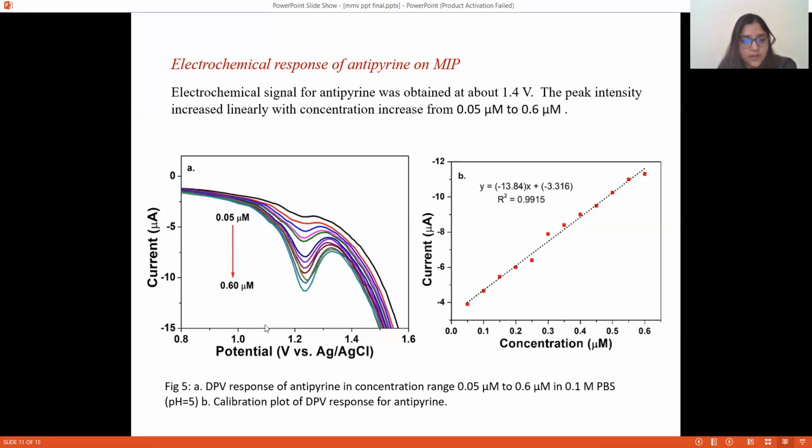This is the DPV response for antipyrine in concentrations ranging from 0.05 micromolar to 0.60 micromolar. With the increase in concentration, the peak current increased linearly, and the corresponding calibration plot shows a high R square value of 0.9915.